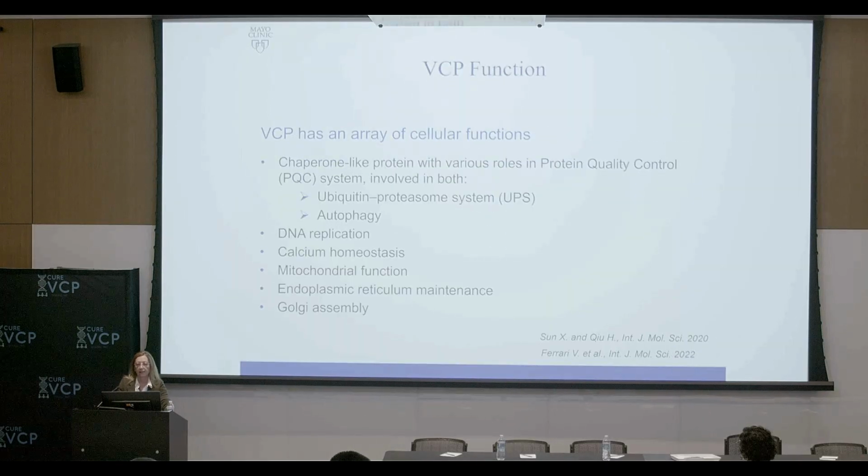It's a protein that has a broad spectrum of cellular functions. Essentially, it is a chaperone-like protein involved in the protein quality control system, being a part of the ubiquitin proteasome system and autophagy. It interferes with DNA replication, is crucial for calcium homeostasis, and participates in the maintenance of the endoplasmic reticulum, Golgi apparatus, and even mitochondrial function.